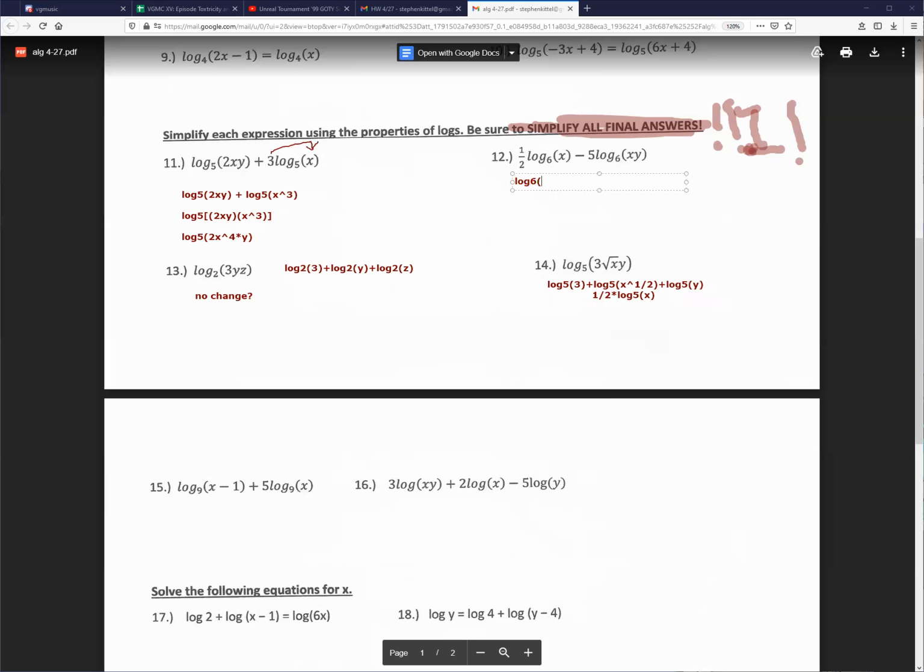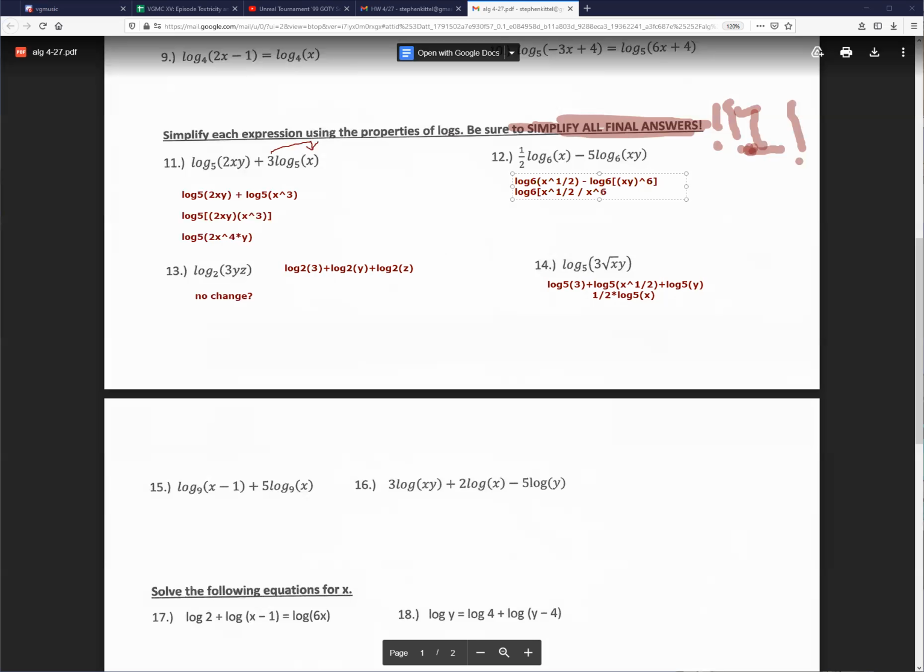So log 6 of x to the 1/2 minus log 6 of xy to the 6th. So log 6 of x to the 1/2, we're subtracting, so it's x to the 1/2 divided by x to the 6th, y to the 6th.